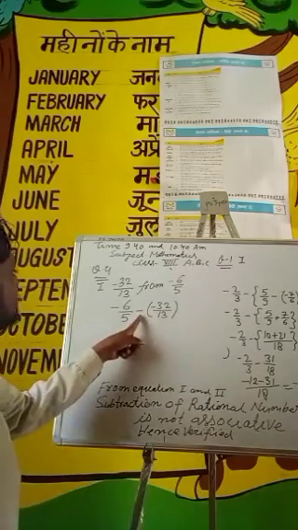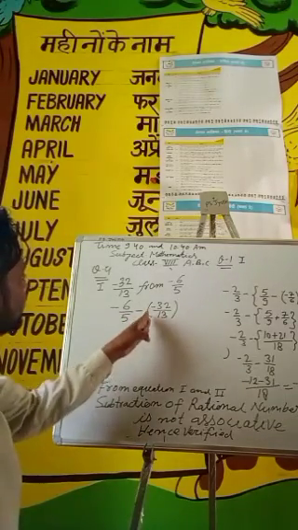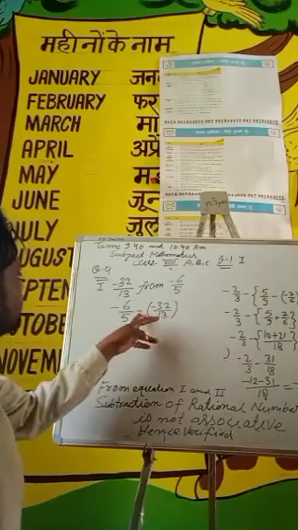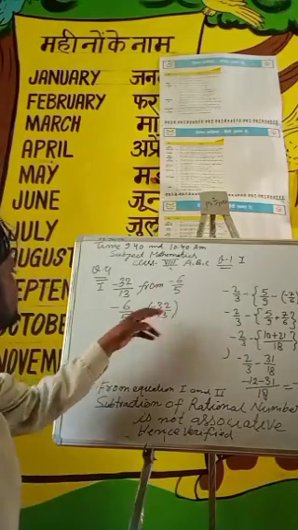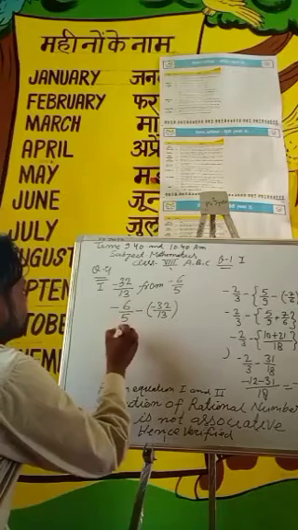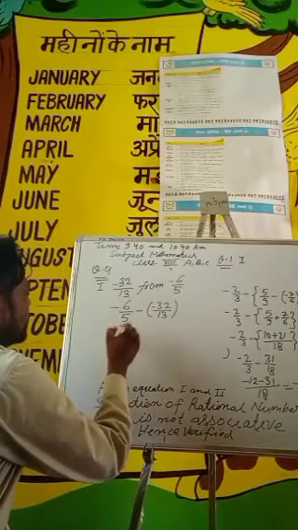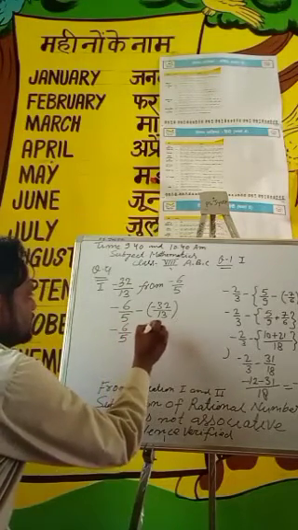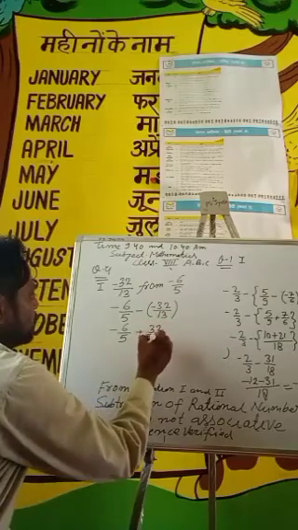There is minus sign before the bracket, so minus is multiplied to minus. This will become minus 6 upon 5 plus 32 upon 13.